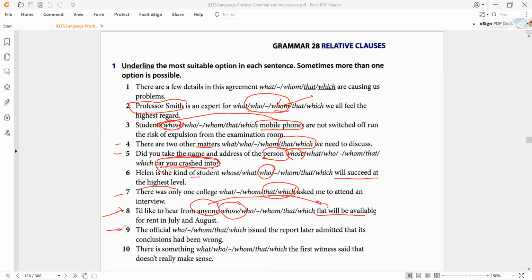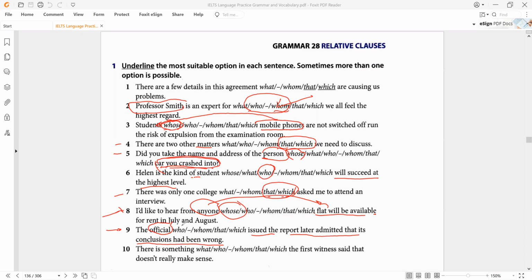9. The official who issued the report later admitted that its conclusions had been wrong. The official? Official means official, يعني الموظف الرسمي. Official, a person. That's a person.